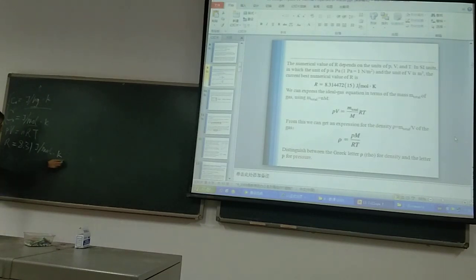If you remember, that is with the same unit as the heat capacity per mole.